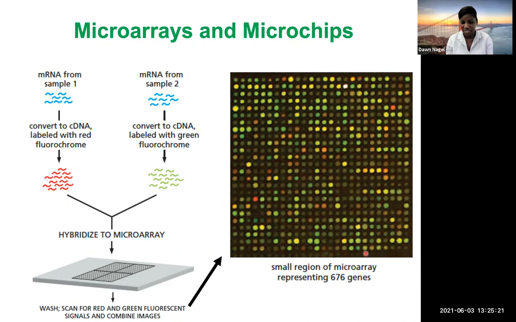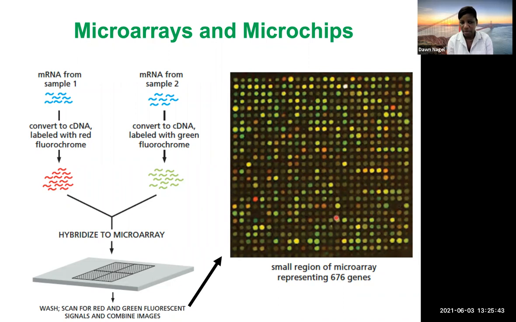Again, this is representing 676 genes. You run it through a machine. The machine detects the signal and gives you a reading and tells you this is the intensity of this particular signal, and this is the gene that's associated with that spot. So that's your gene that you're interested in.